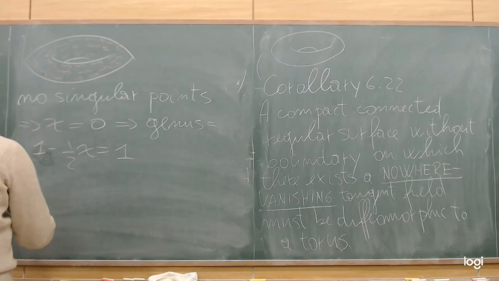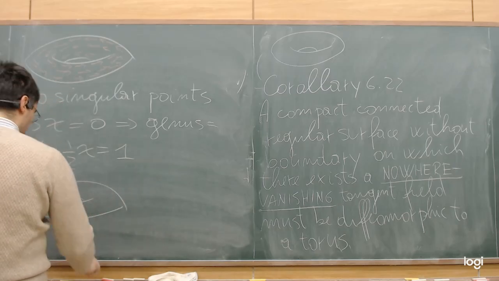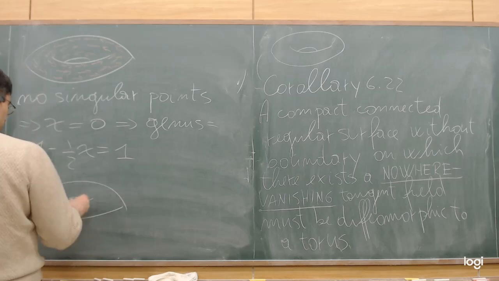Another example of a vector field having the same property is this.